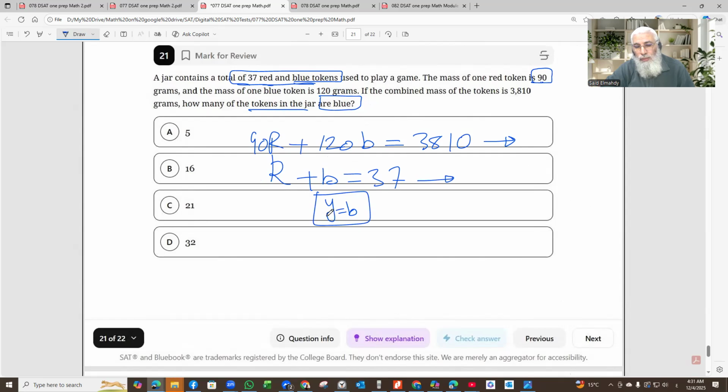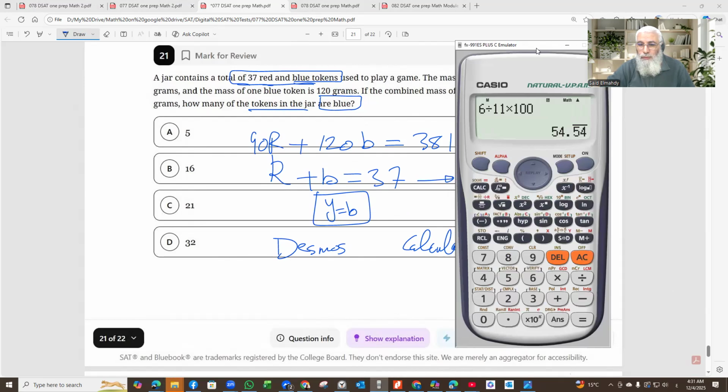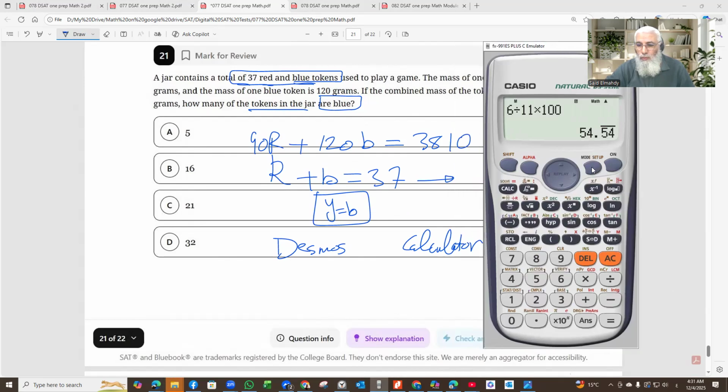In the calculator, we can use Desmos to find y, or we can use the calculator using mode 5.1, system of equations. We write mode, 5, and 1.